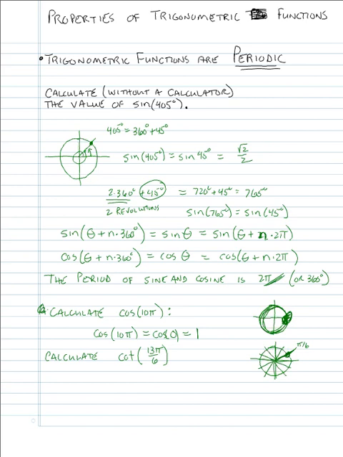So what we could recall, what we could figure out in this case, is the fact that one revolution here is 2 pi. And in terms of 6, that's 12 pi over 6.